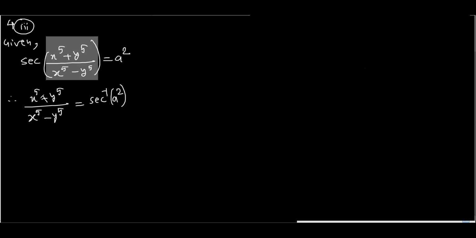So here I got x raised to 5 plus y raised to 5 upon x raised to 5 minus y raised to 5 equals sec inverse of a square. Now, should I differentiate now? If you differentiate now, it is a little bit lighter than what it was earlier. It has become a little bit easier.